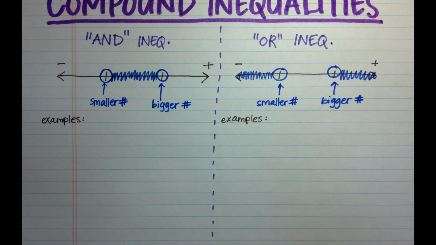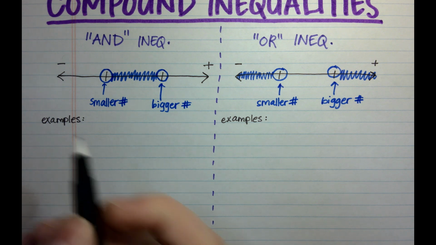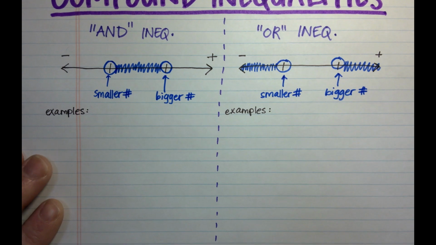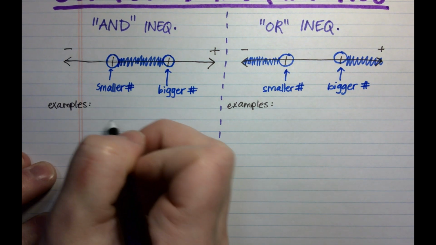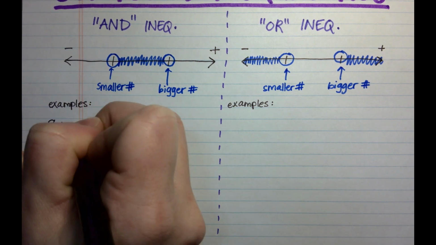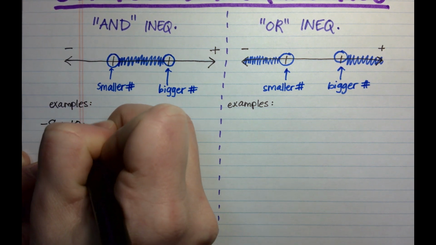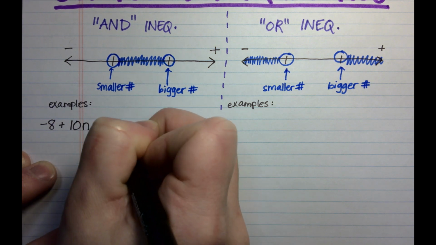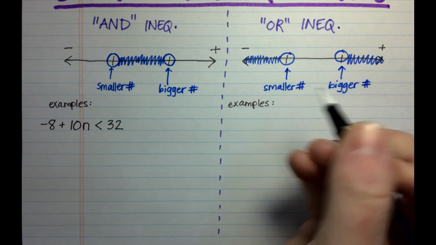So our first example is going to be an and inequality. Make sure you have enough room to write both of them. It's going to be two problems. Negative 8 plus 10n is less than 32.